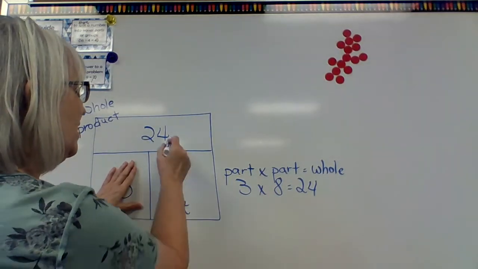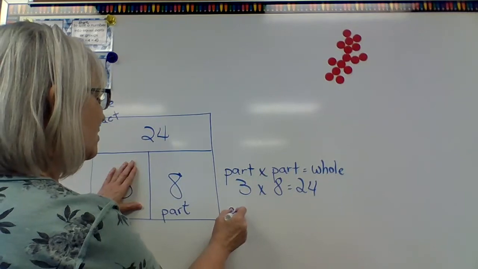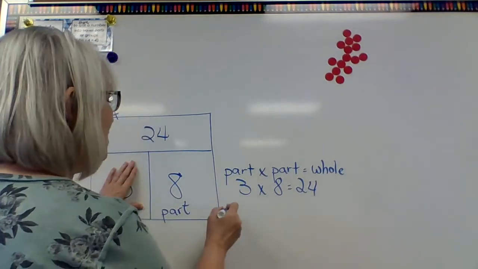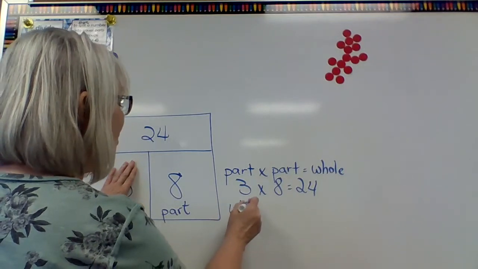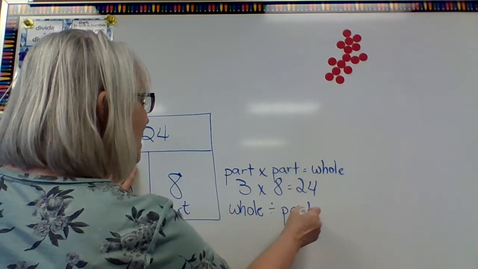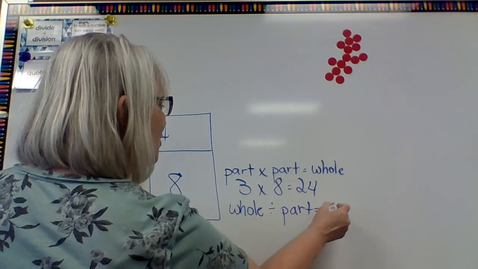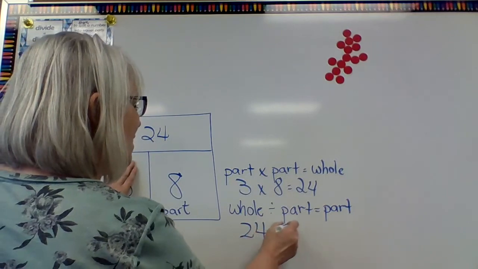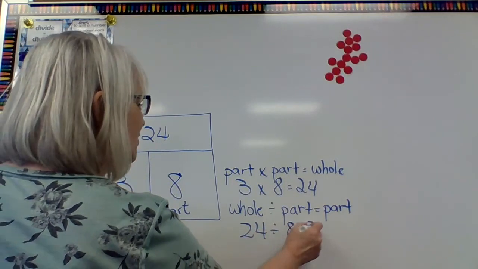It's the whole divided by a part equals the other part. So 24 divided by 8 equals 3.